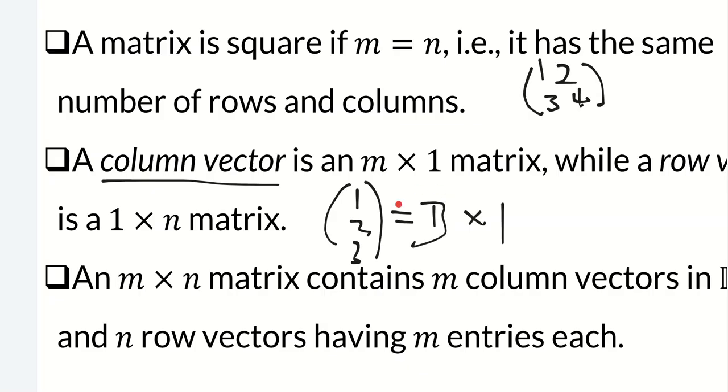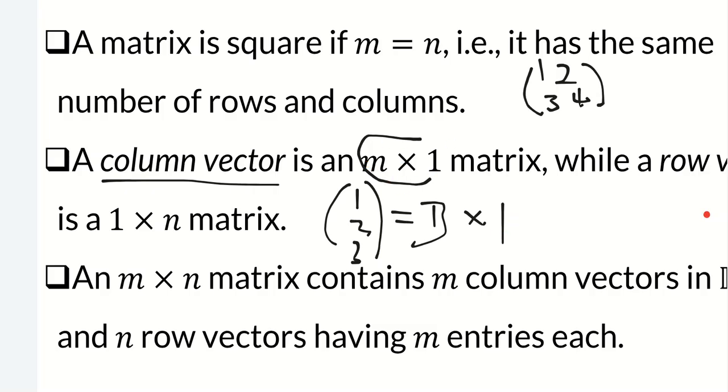If you look at it, it tells you 3 rows and 1 column. The M stands for the number of rows, so when you see a matrix of dimension M by 1, that means it is a column vector.